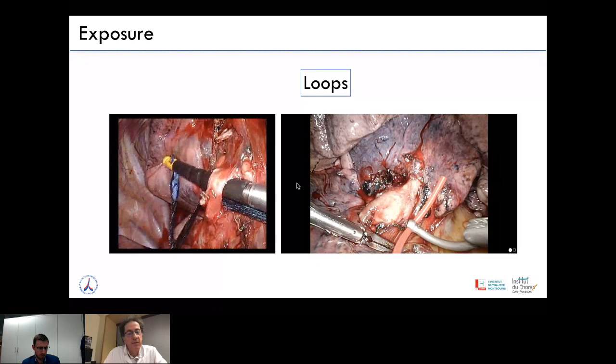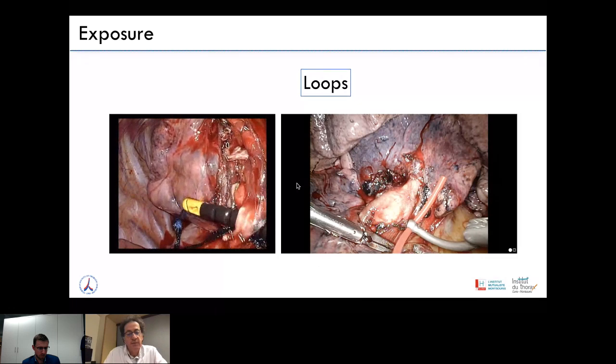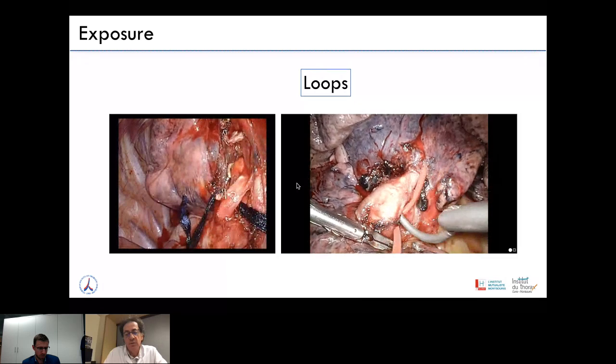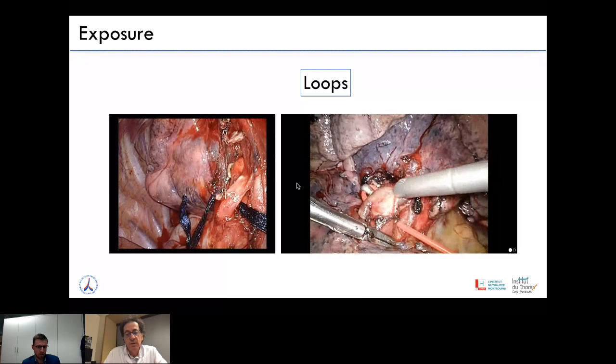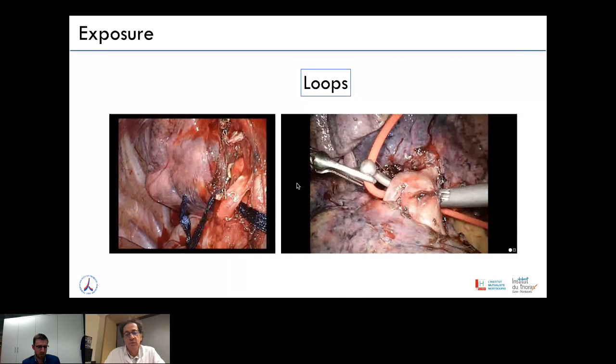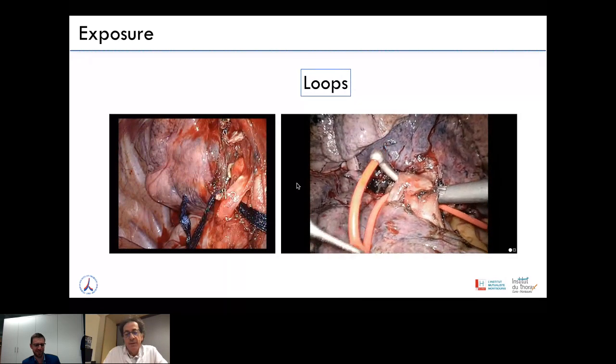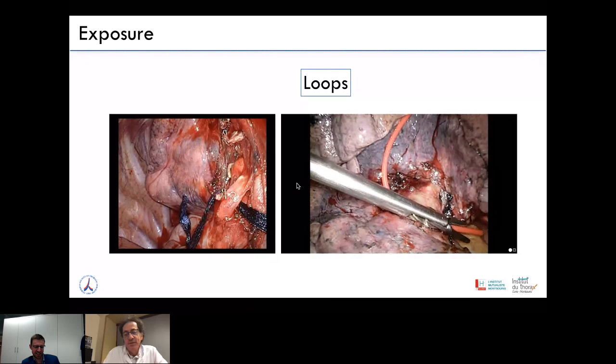So now, because we don't have this device anymore, we have developed our own Goldfinger, which we call in the department the Goldfinger of the pro surgeon. That is very helpful.